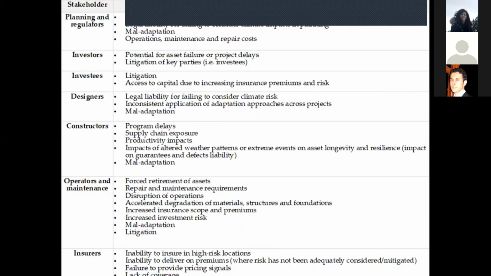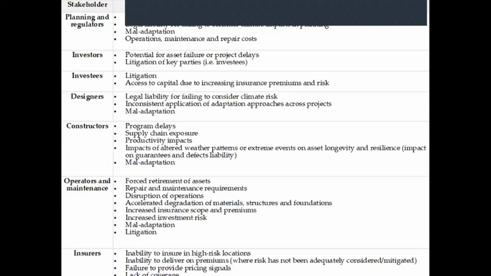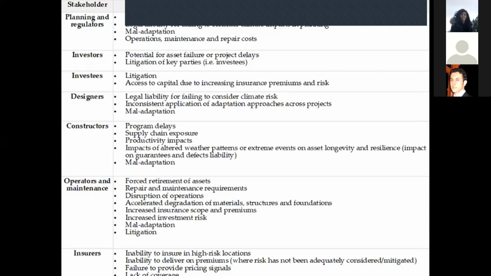Considering the infrastructure projects, from beginning to the end or throughout the life cycle of the projects, we can see the impacts of climate-induced or extreme events-induced risks. Stakeholders can be regulators, investors, investees, designers, constructors, operators, or insurers.